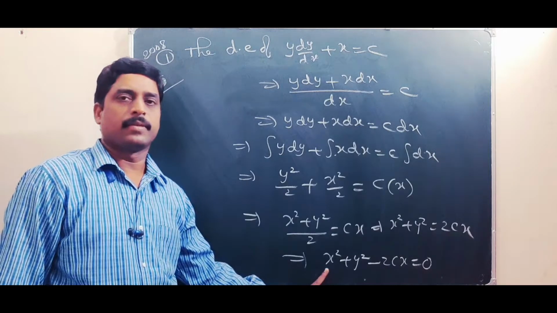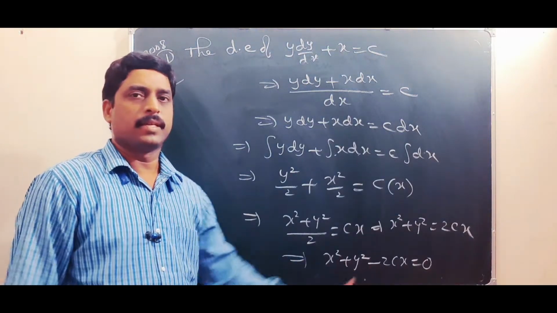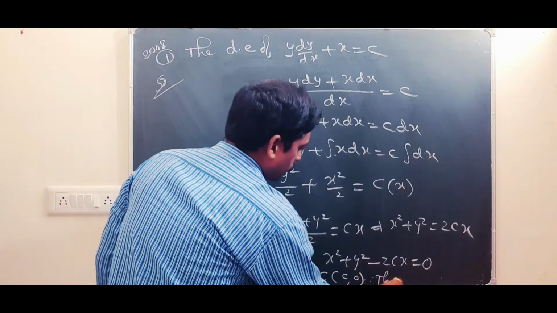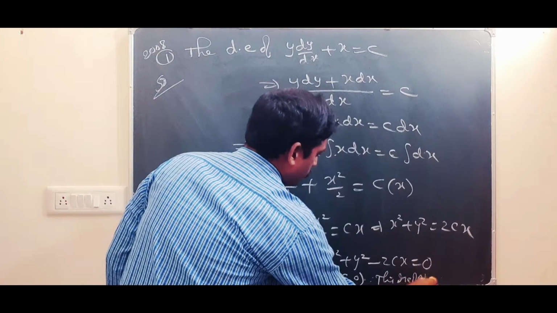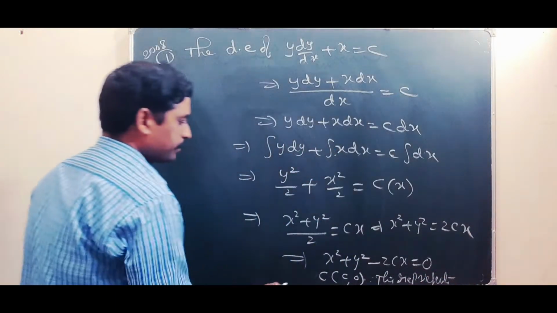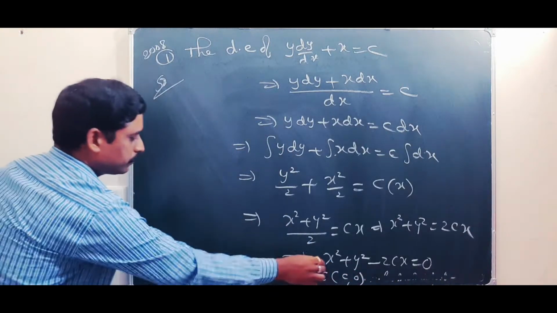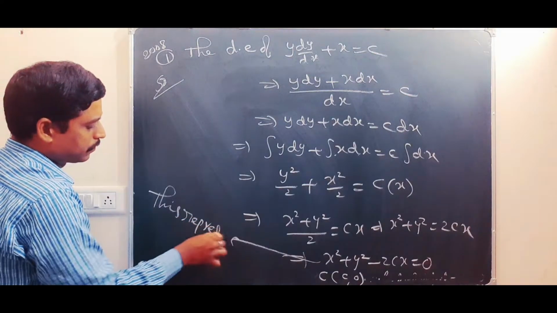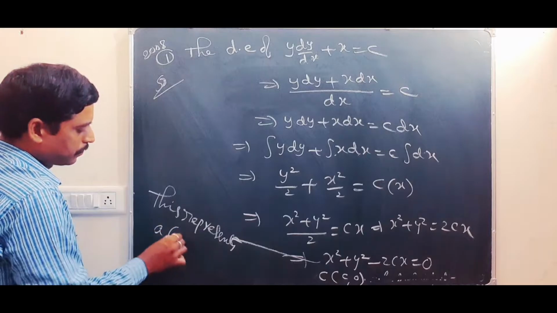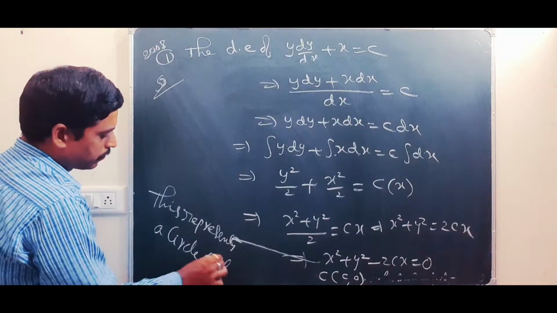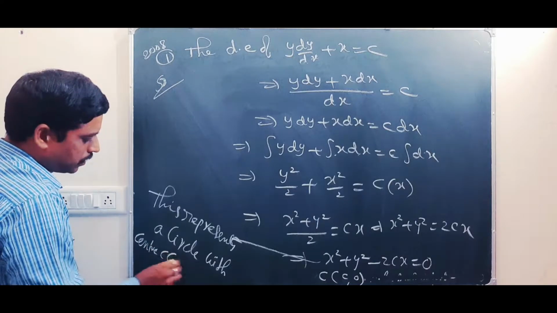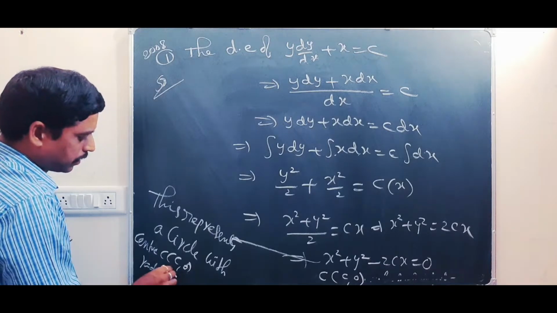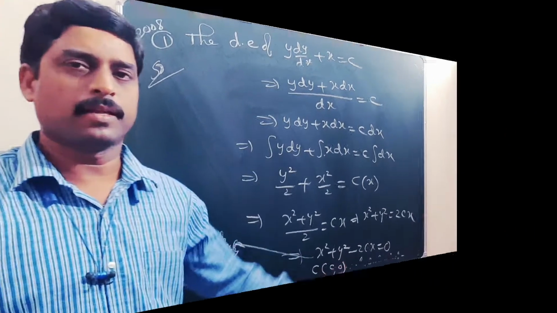This represents the equation of a circle with center (c, 0) and radius c.